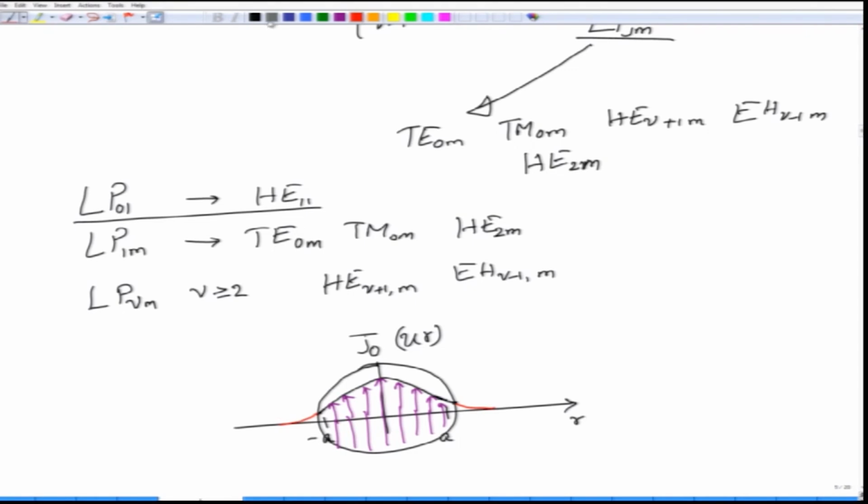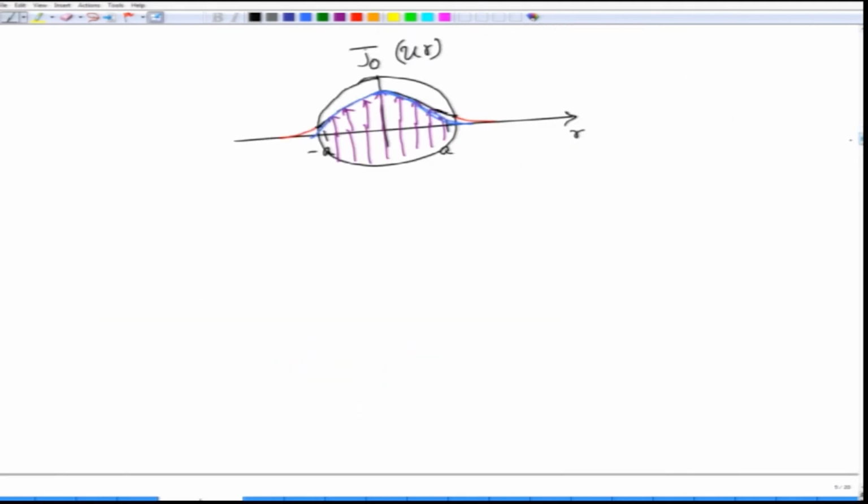In the same situation that I have considered, you can see that instead of talking about this Bessel function mode, which is slightly difficult to handle mathematically, there is actually a nice approximation of this mode as a Gaussian mode. Okay. So, as a Gaussian mode, there is a nice approximation to this J0 or the Bessel function mode. You can check that by writing a simple code in MATLAB.